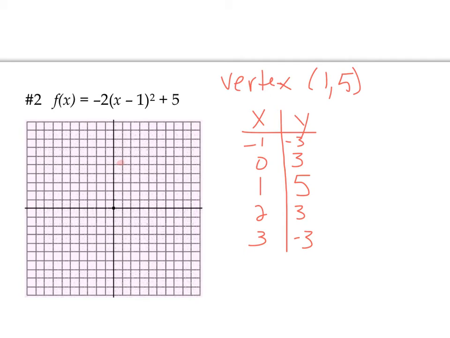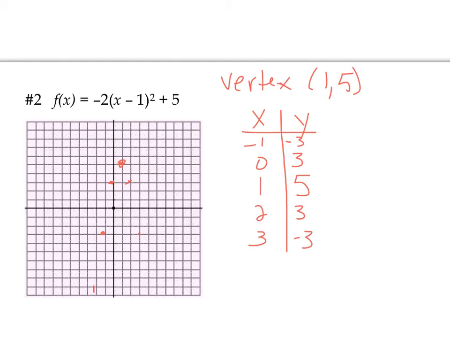Let's make that a little darker. 1, 5 as the vertex. There you go. And then we'd have 0, 3 and -1, -3. And then on the other side of the vertex, 2, 3 and 3, -3.